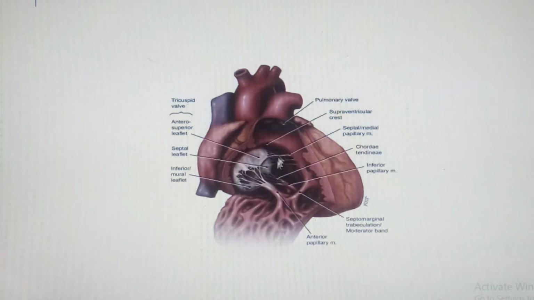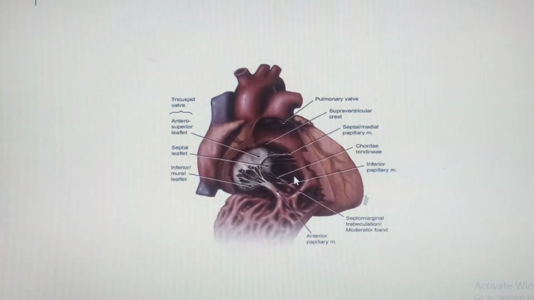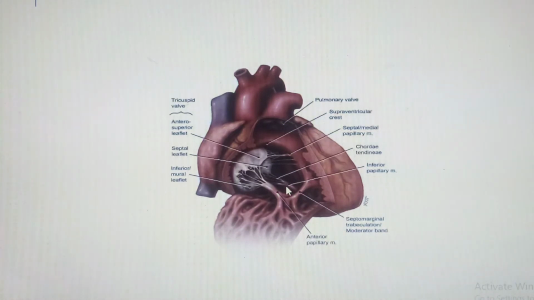Now in the right ventricle, what we find is that the right ventricle is also going to have its internal aspect with 2 portions. We are going to have the inflow part, and also the outflow part. So let me show you the inflow part.